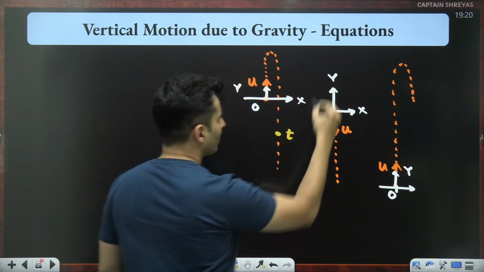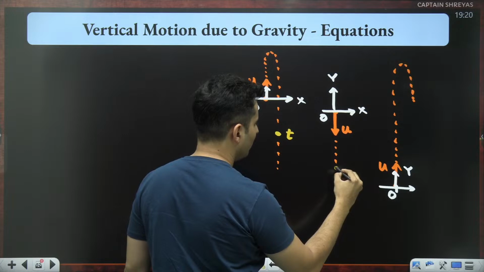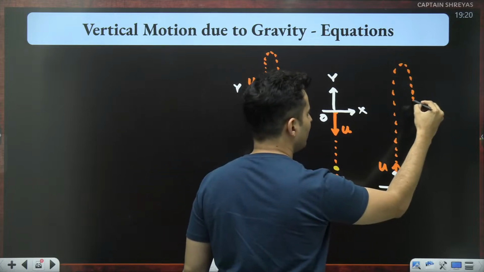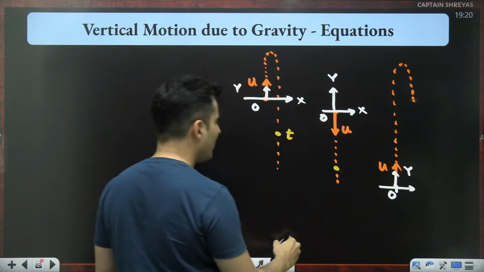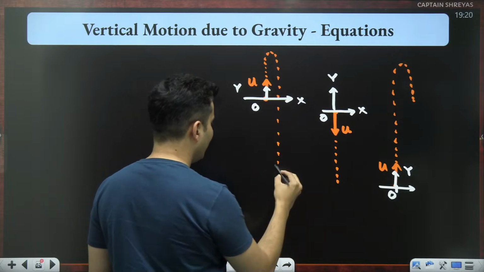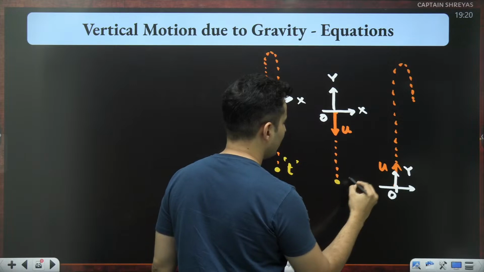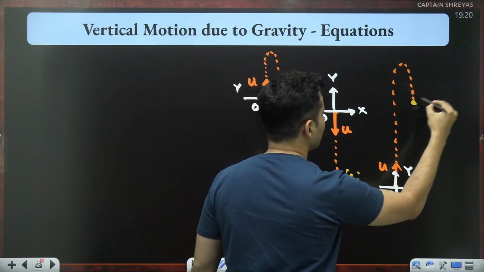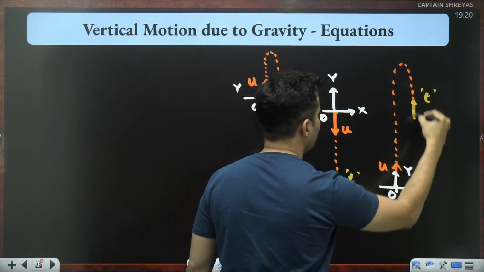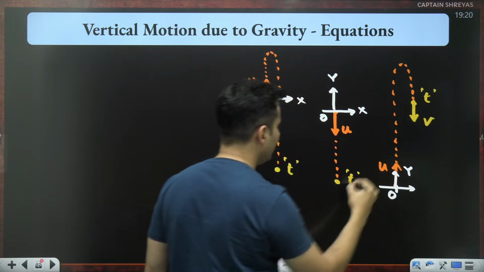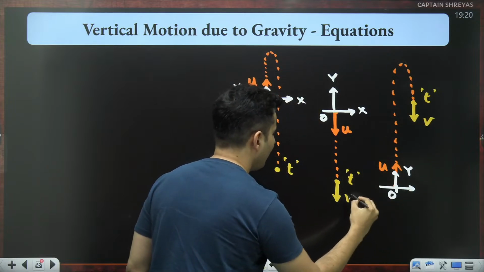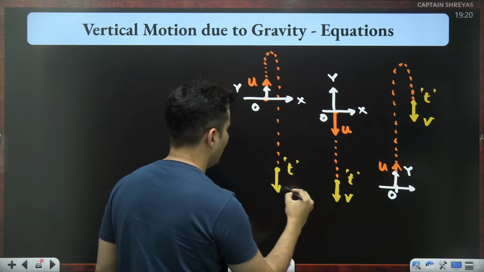At some instant t, maybe the object is here. It could be some instant where you are trying to locate the object at some instant of time. At some instant of time, the object might have some velocity.